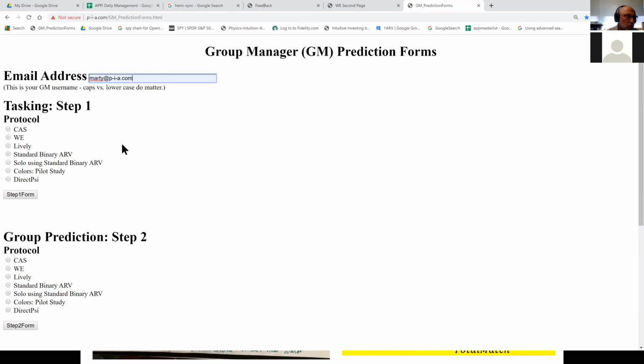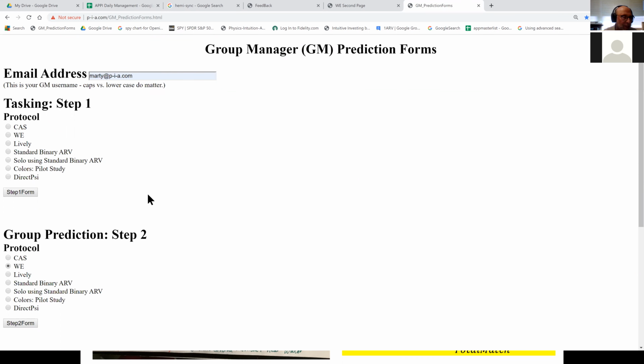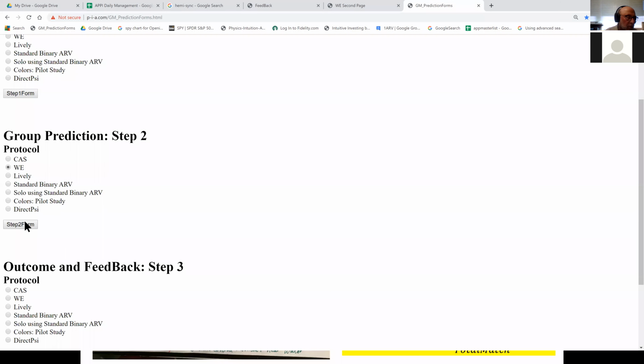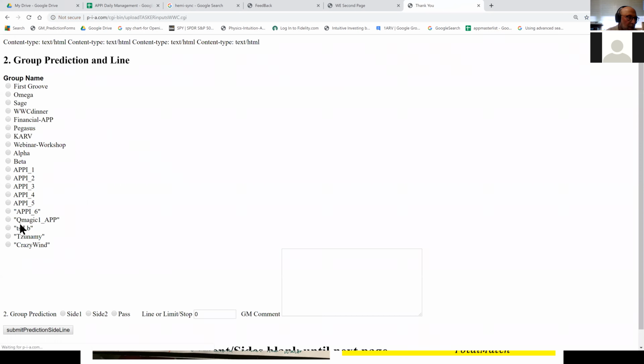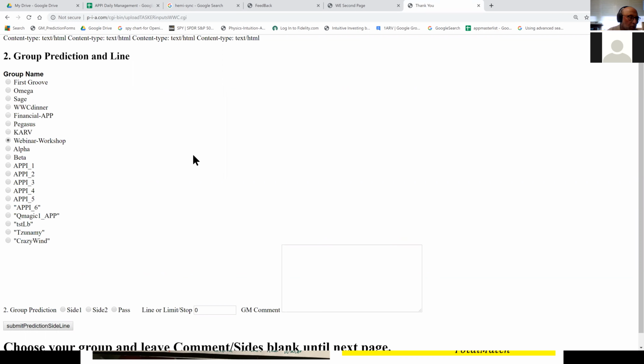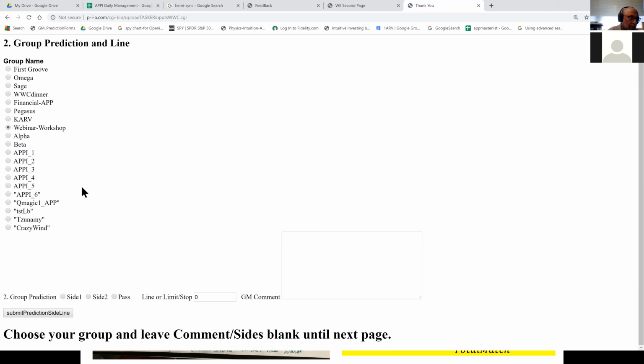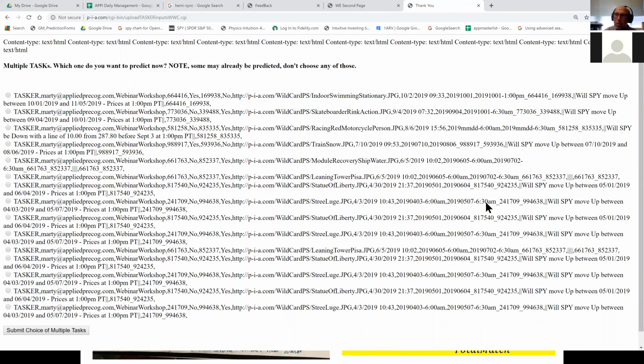I am going to do a group prediction. Everything that you're putting in goes to the server, and I have access to that. So I will be able to see as you click that submit. Well, actually what I'm interested in is when you give the 2 CRs. That will come up. So this is what your group managers do.